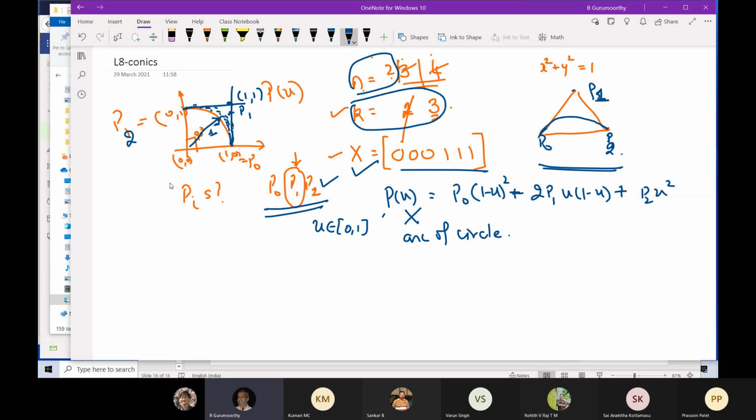Why am I so fussy about having a similar representation for known curves also? When we started out this whole exercise, we started with the requirement that I have some arbitrary curve and I must be able to have a representation for that. Right now I have that.